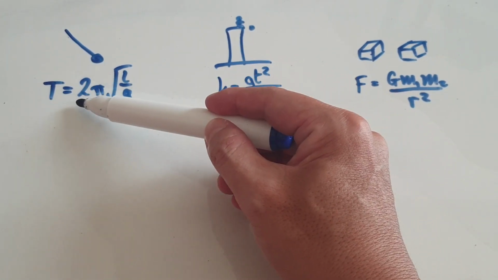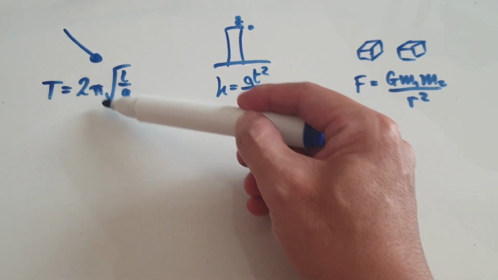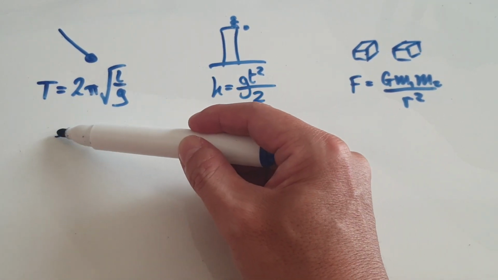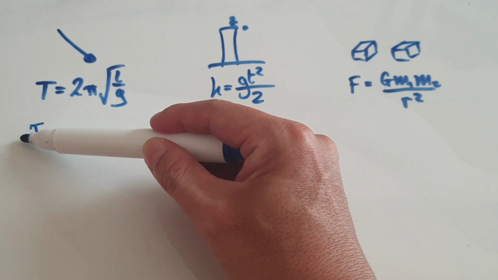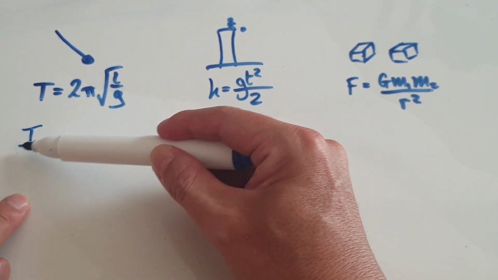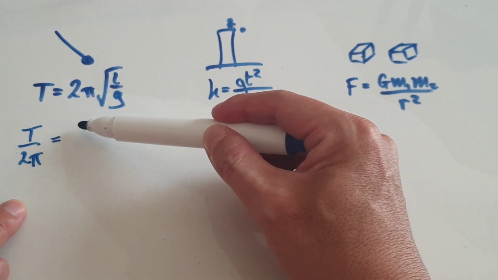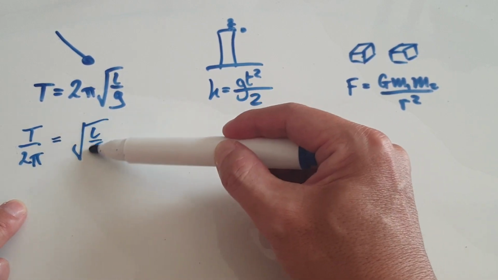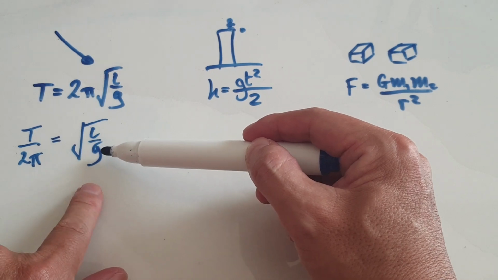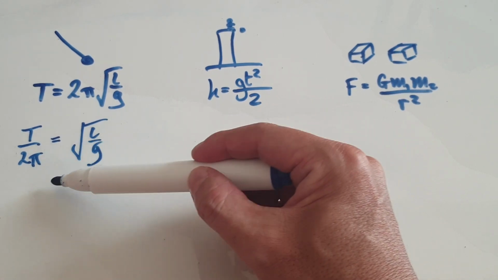So for this one, imagine you've got one block times another block. So here, divide both sides by 2 pi. So you take the T down, and then you divide it by 2 pi. On this side, it will be L over G. And now you want to get to G because you want to make G the subject. So square both sides.